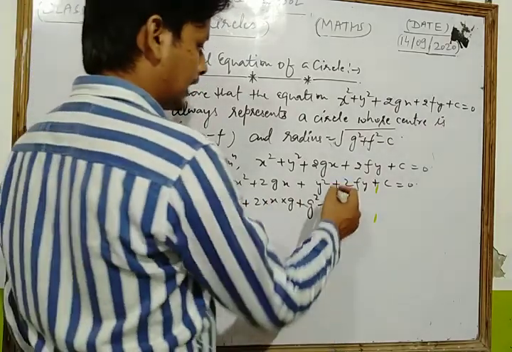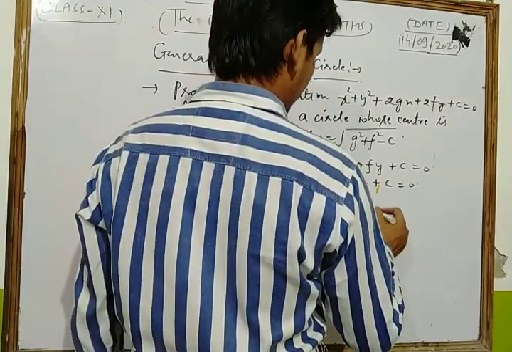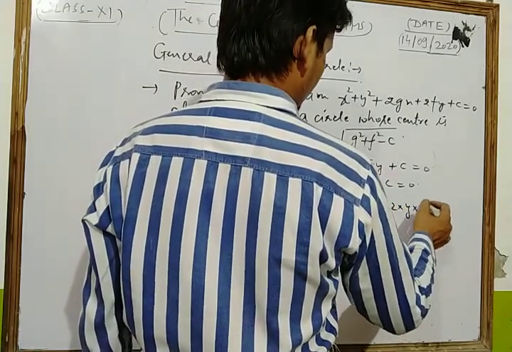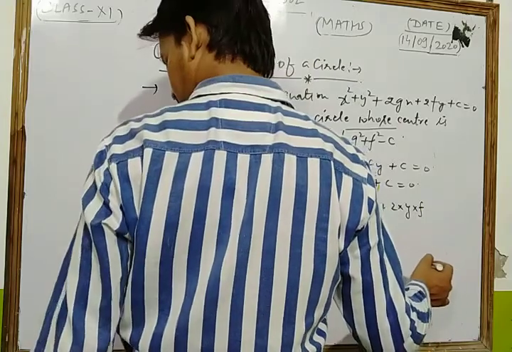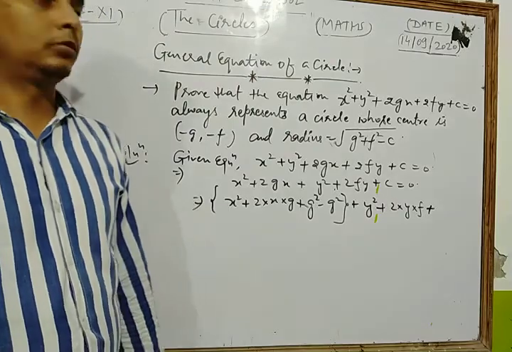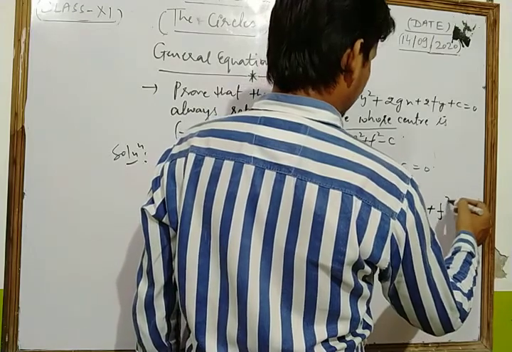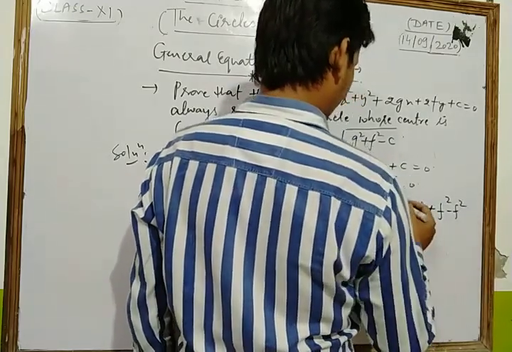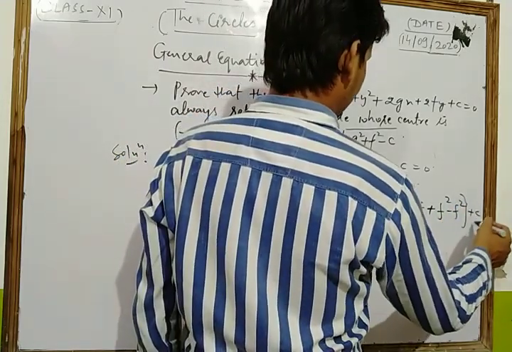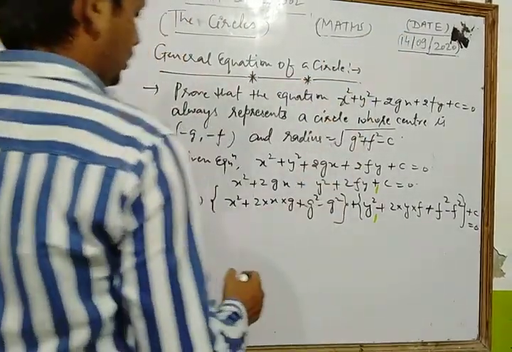Let's see. We write y square plus 2 into y into f, plus we add and subtract f square. Okay, and we write plus c as it is, equal to 0. Okay, now look what I do here.